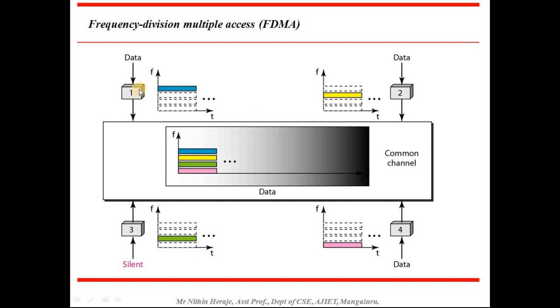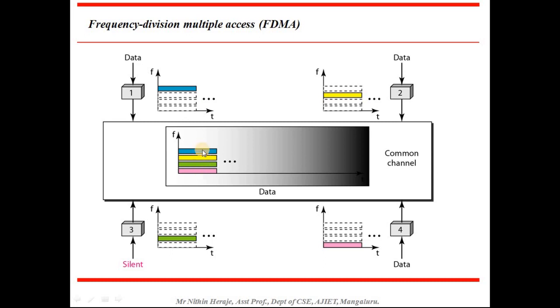All right. Let's look at this diagram over here. You have four stations here: station 1, 2, 3, 4. And if you look at this channel, in this channel the frequency is divided into four bands. You can see the different colors over here, and then between every band you can see a layer which is called as the guard band, just to avoid the interference between the bands.